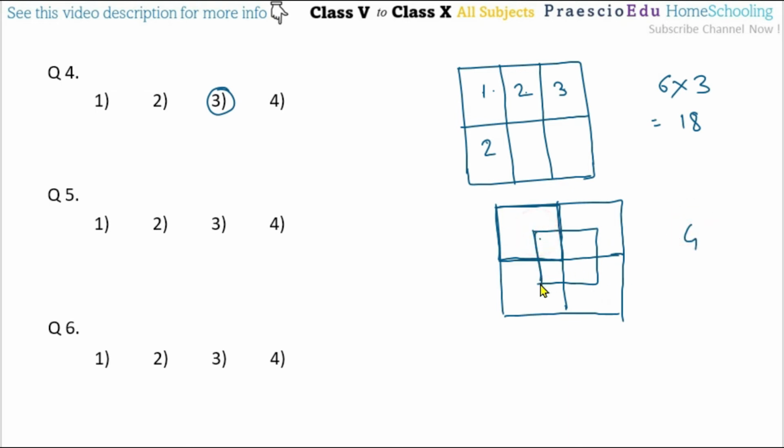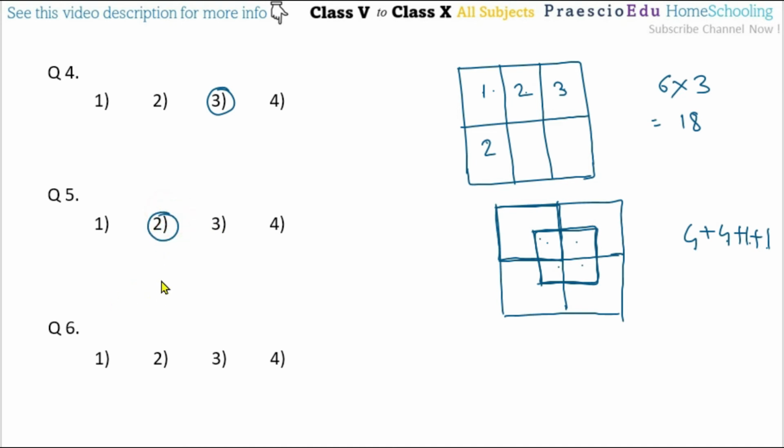In the smaller ones there are also 1, 2, 3 and 4 squares. Adding 4 plus 4 plus the complete outer one plus the complete inner one, which is 1 each, that is 4 plus 4 plus 1 plus 1, which is 10. So 10 is given in option number 2.